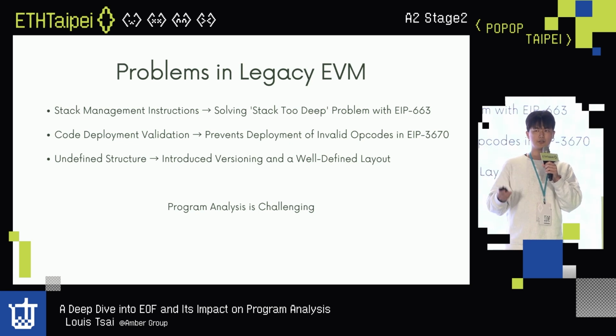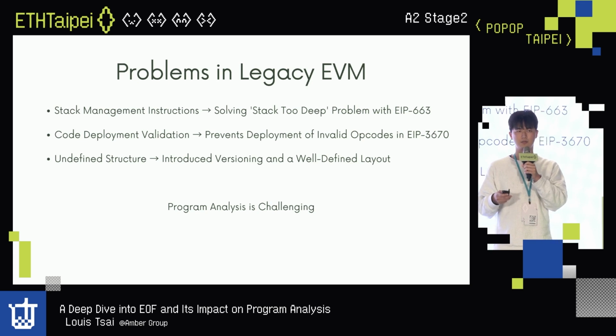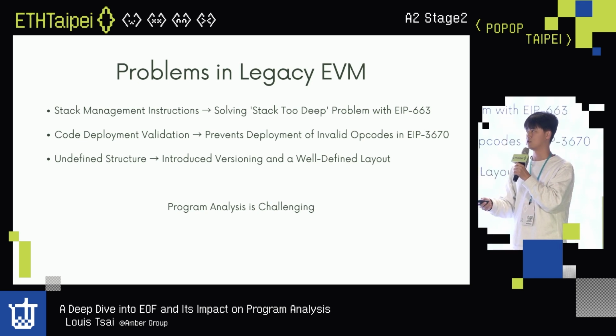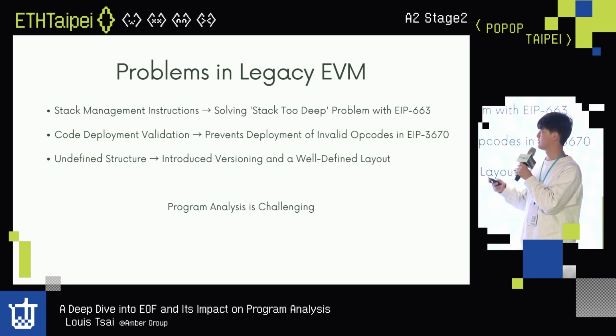For the exchange opcode, you could provide an immediate value and specify which 2 stack positions should be swapped. So this solved the previous limitation in the stack management issue.